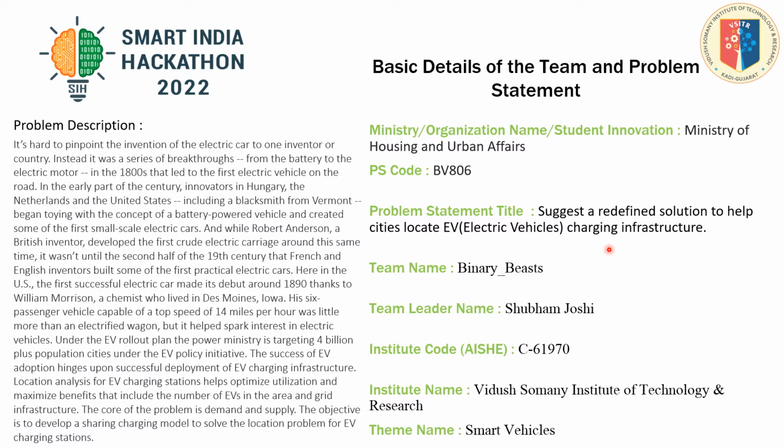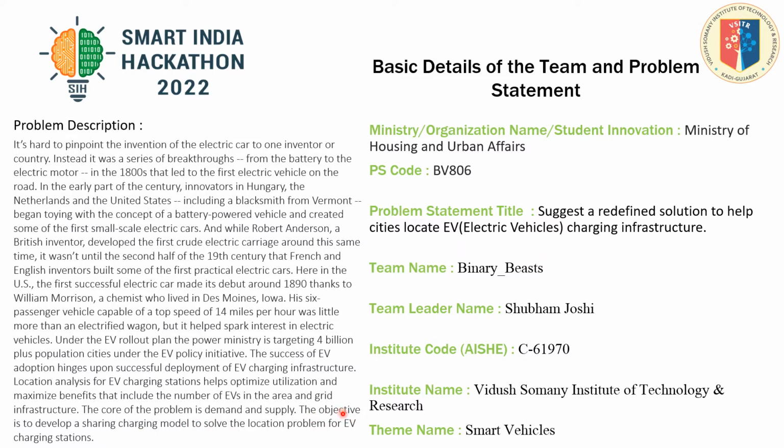We need some optimization with the locations, because when there is high demand, we should keep more charging stations there compared to low demand areas. So our problem statement revolves around this optimization problem, basically the demand and supply problem.